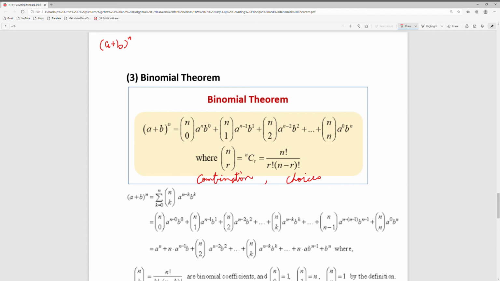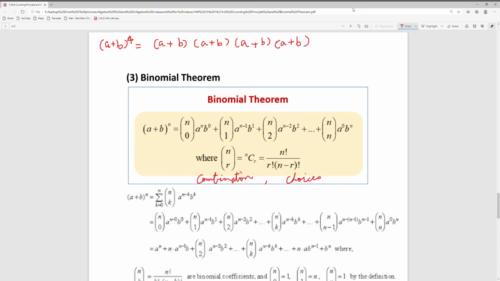For example, if we have fourth degree, then it means (a + b) times (a + b) times (a + b) times (a + b). Now, if it is less than third degree, you may use multiplication. You can calculate. But if you have higher than fourth degree, you probably want to use the concept with the formula. We just want to learn it, and then we can easily write down the answer.